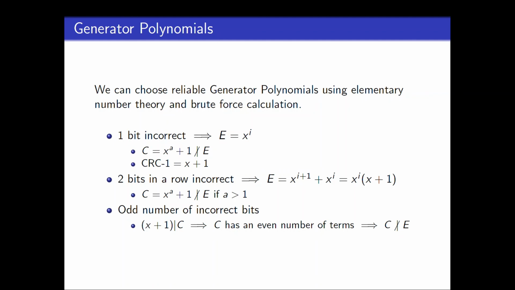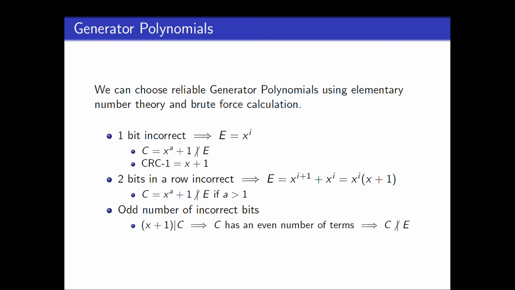And there's an even number of bits in our generator polynomial. And so, using this knowledge, we can know that if there is an odd number of incorrect bits in E, then C will never divide E.